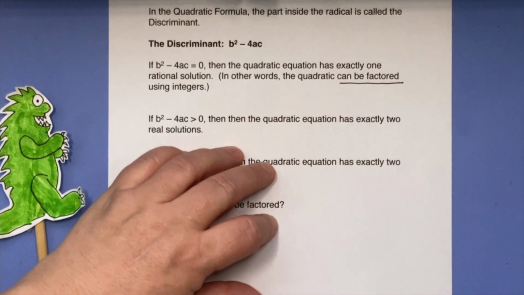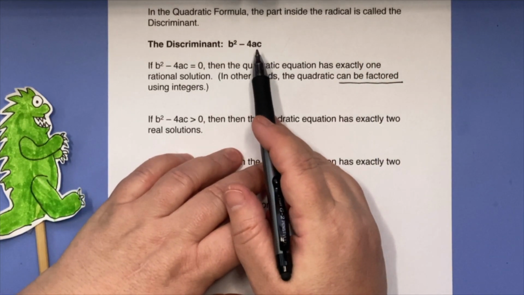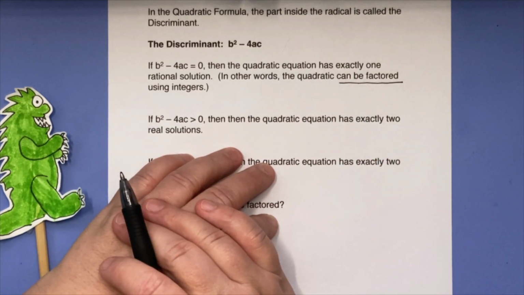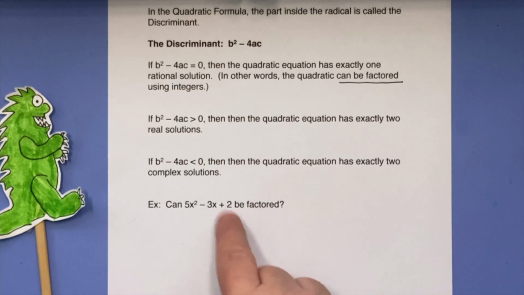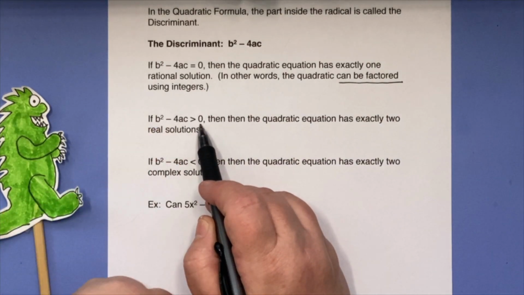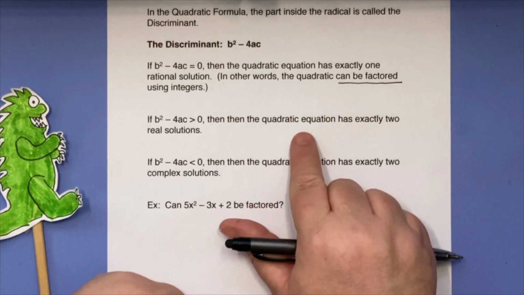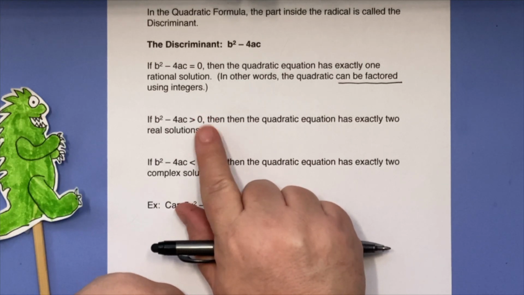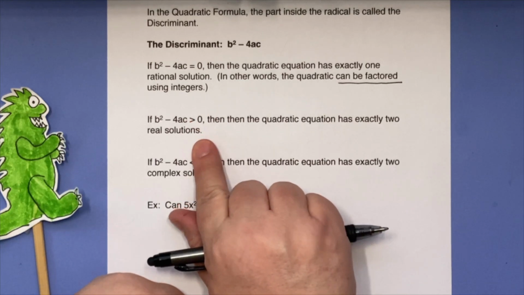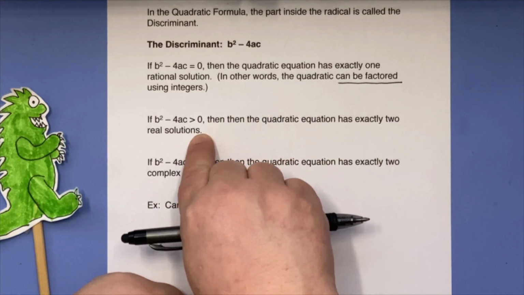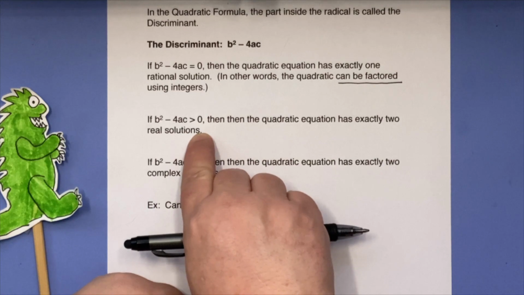The cool thing is if you take b squared minus 4ac, you will know whether that quadratic can be factored, which is cool. That's the problem we're going to answer right here. If b squared minus 4ac is greater than 0, then the quadratic equation has exactly two real solutions. It might also be able to be factored if whatever's inside the discriminant is a perfect square.